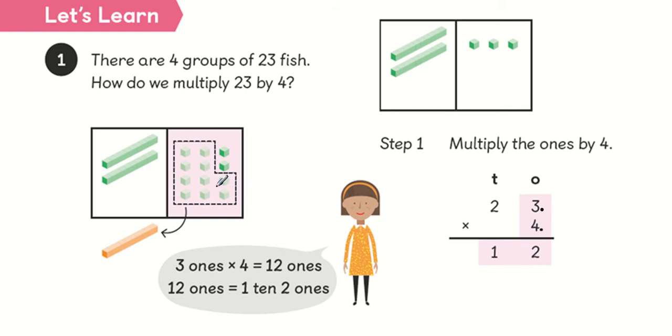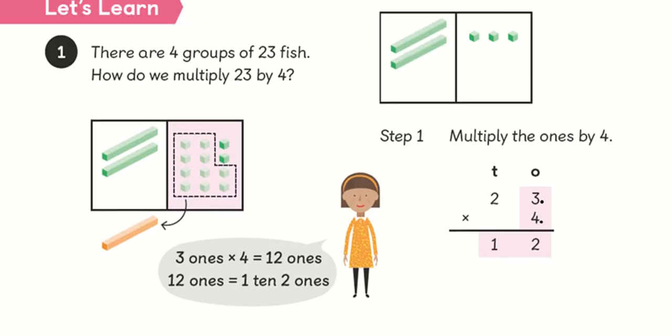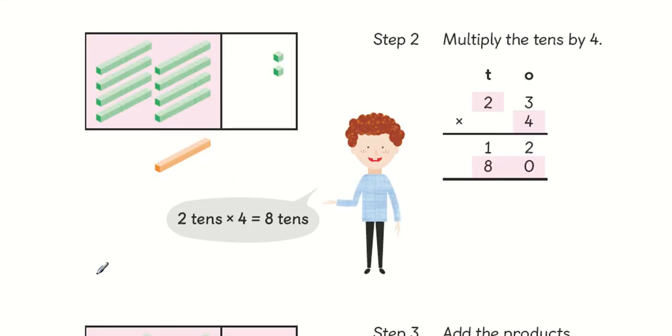Okay, so they've taken the 10 ones and they've turned it into 1 ten, this yellow block here. She's saying 3 ones times 4 is 12 ones, and 12 ones is the same as 1 ten and 2 ones. We know that from our place value work. So looking down, we don't need to look down, we need to look across.